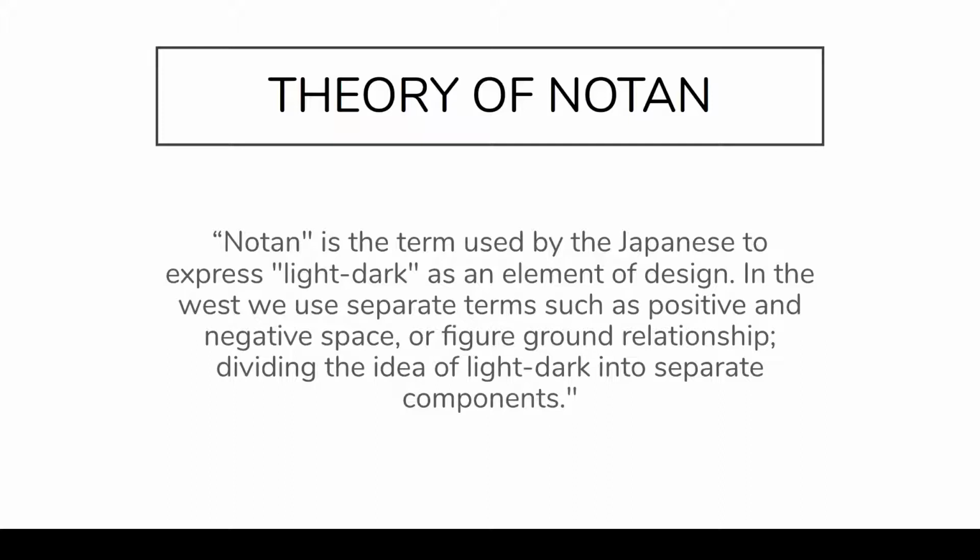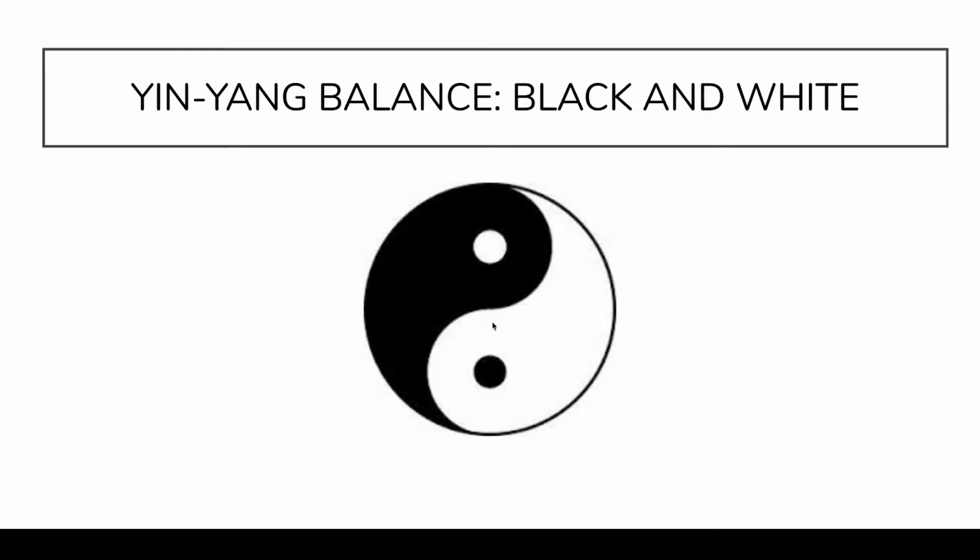And that's why I always like to start off with talking about NOTAN, because it breaks down very complex images into two simple elements, and that's light and dark shapes. When we go into talking about light and dark shapes, I think this is where the Japanese got very inspired by the Chinese Taoist philosophy of the yin and yang symbol. It's not necessarily two different spaces, yet they're two different spaces that have to work together.